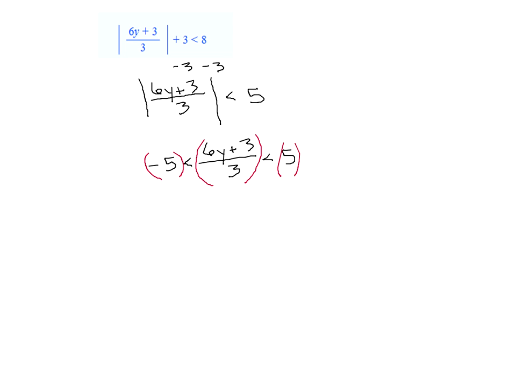To clear fractions with equations, you have to multiply both sides entirely by the least common multiple. The denominator is simply 3 here. That's the least common multiple of all of these, so that's going to be multiplied to all 3 parts.